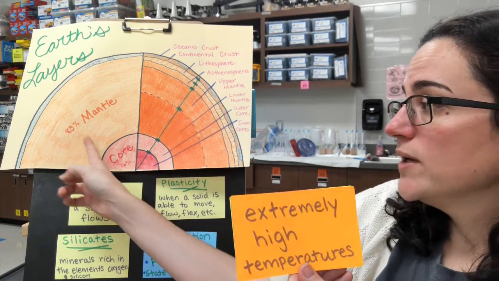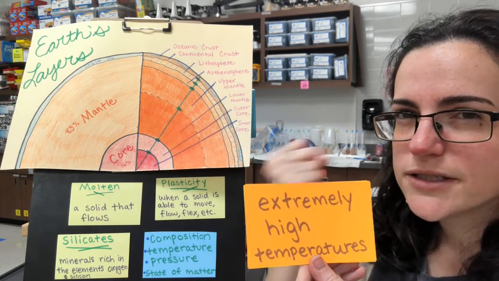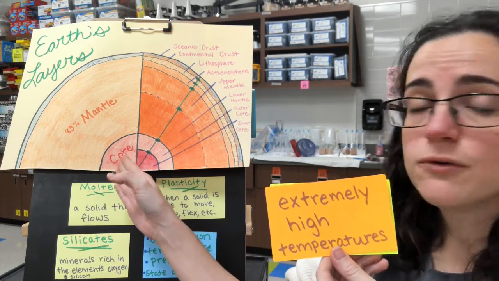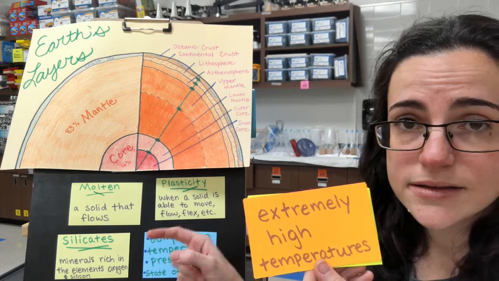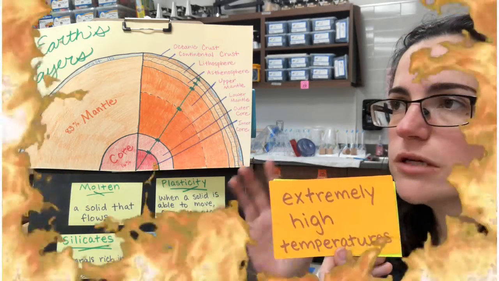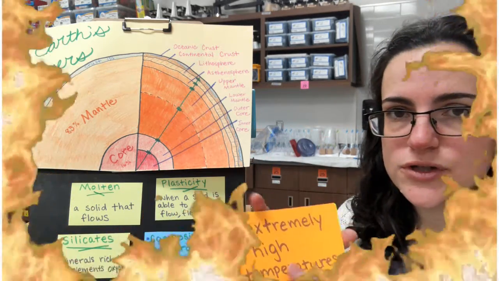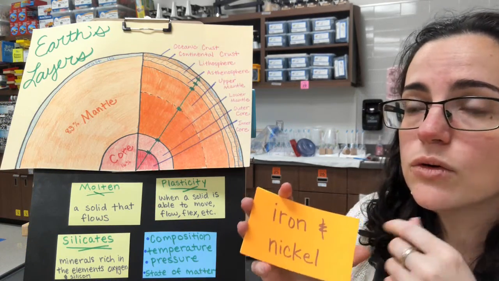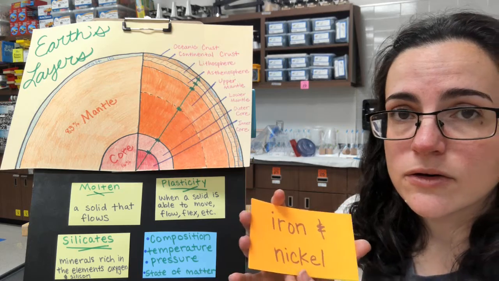Now, when we get to the very, very center of Earth, that is going to be where you find the highest temperatures. Extremely, extremely high temperatures in Earth's core. And our core is made out of iron and nickel.